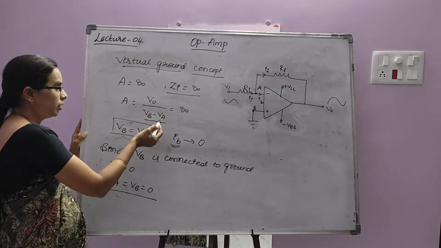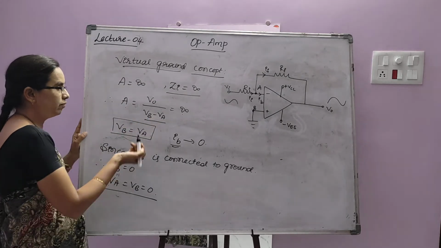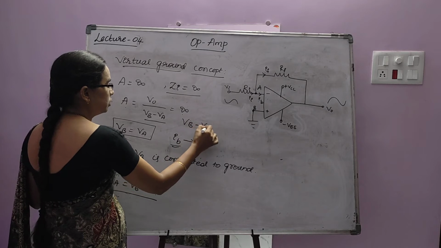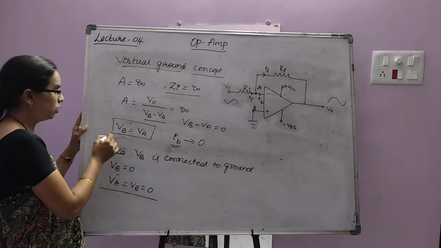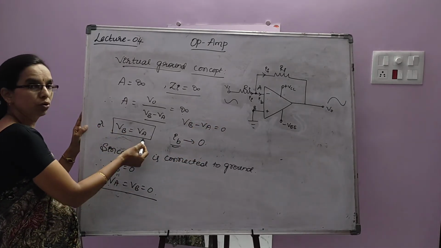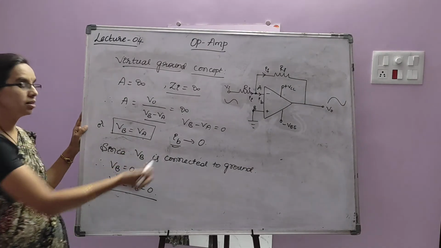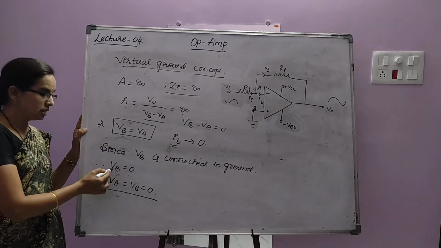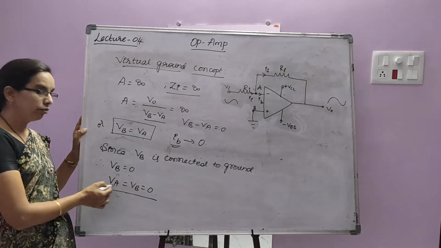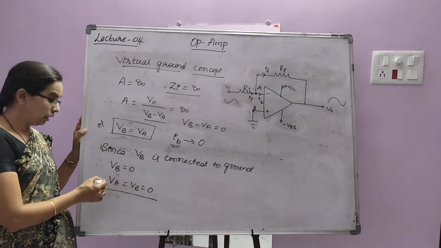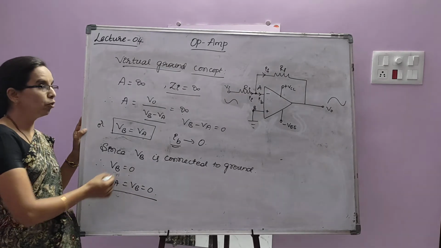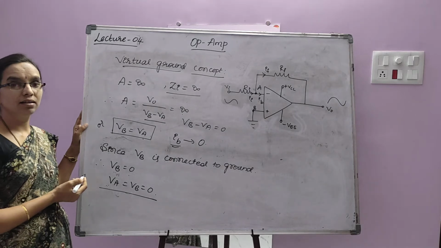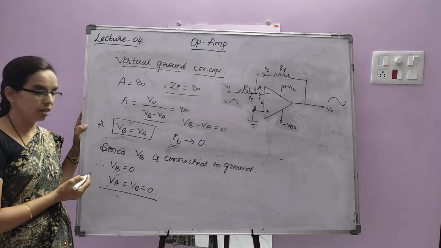So VB minus VA will be 0, or VB is equal to VA. Since VB is connected to ground, the voltage at point B is 0. Therefore, VB is equal to VA is equal to 0. Even though point A is not connected to ground physically, it has a 0 potential.